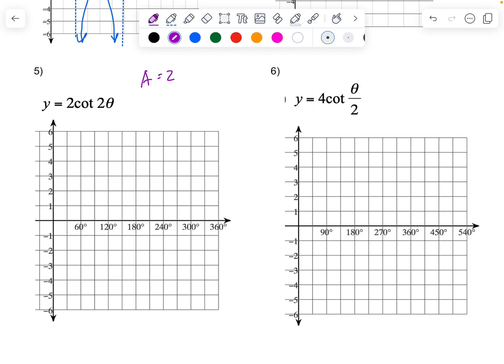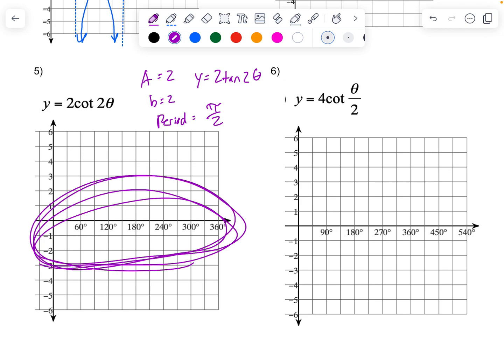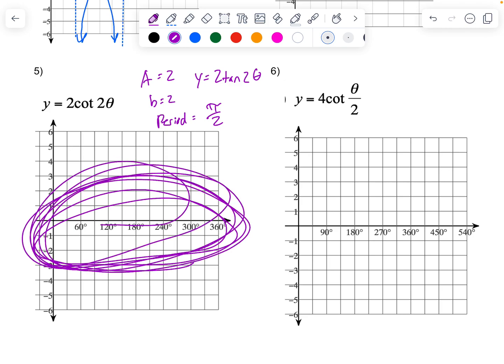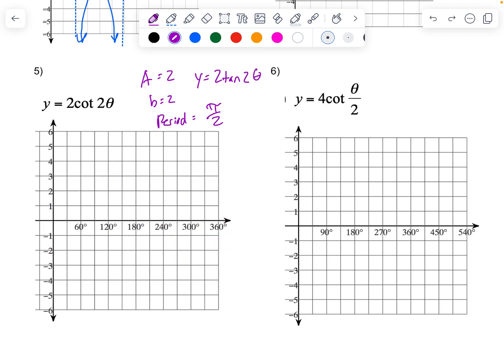Your A is 2. If you want, you can do your 2 tangent, 2 theta. You necessarily don't really have to. Your B is 2. Your period is pi over 2. And again, always check your axis. We're dealing with degrees, so we're going to use 90 degrees. So 90 is right here, okay?